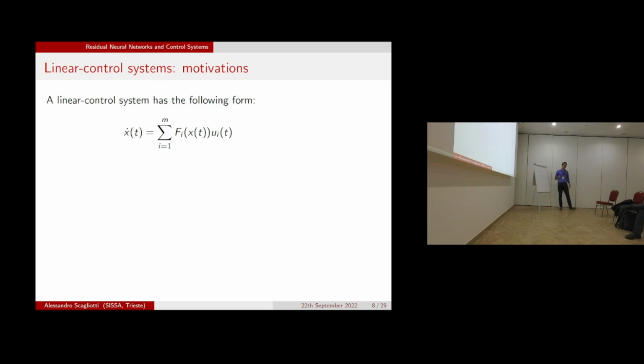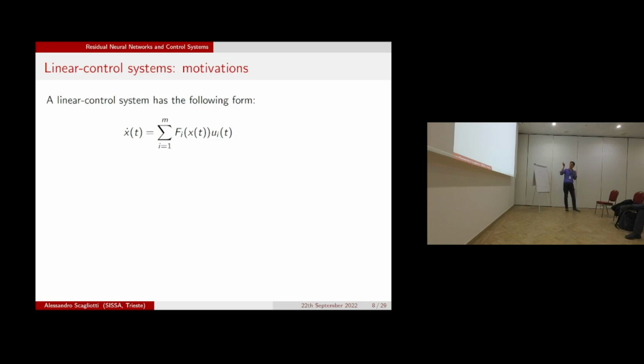Now I'm introducing the control systems, and then the ResNets, that I've considered. What is the main difference with respect to the previous control system is that this one is linear with respect to the controls. I stress the fact that the vector fields F_i are nonlinear. So the control system is nonlinear in the state, but linear in the control variables.